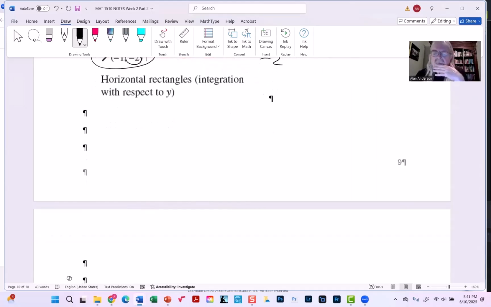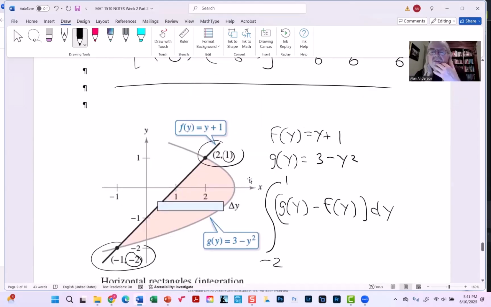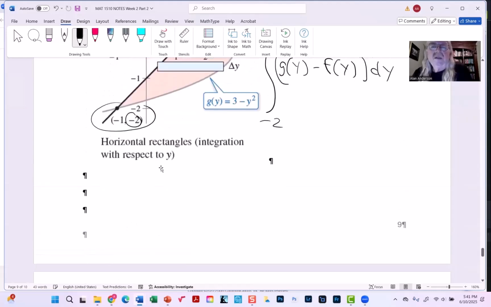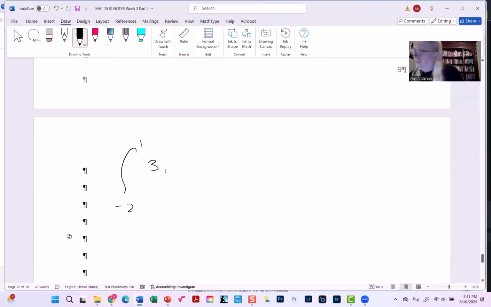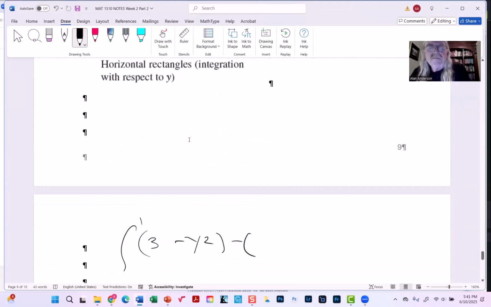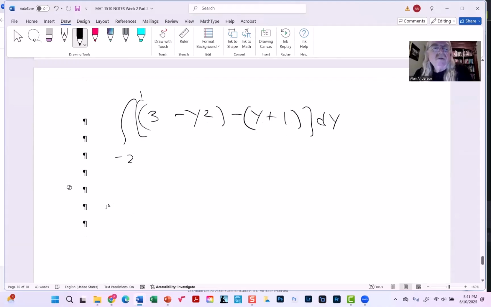Now at this point, we're going to approach this the way we usually do. Let's write these down. g of y is 3 minus y squared, and then f of y is y plus 1. Now the rules of integration haven't changed. So here's what we'll have.